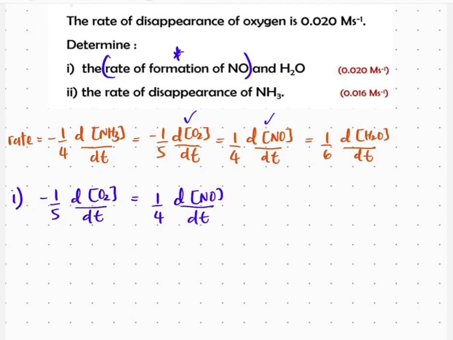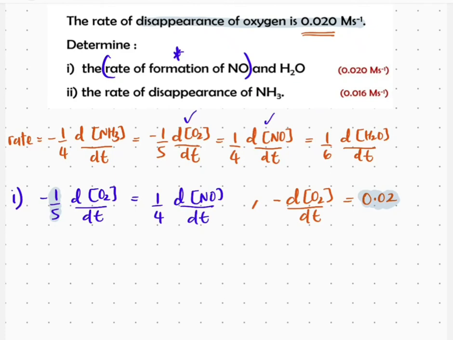Okay, daripada soalan, kita tahu disappearance untuk oksigen adalah 0.02. Di mana bila soalan bagi disappear of oxygen bermaksud negative dO2 over dt equals to 0.02. Apa yang saya nak fahamkan dekat sini adalah 0.02 ni tidak termasuk 1/5 ni tau. Information yang diberi dalam soalan ni untuk 1 mole of the substance ataupun species.